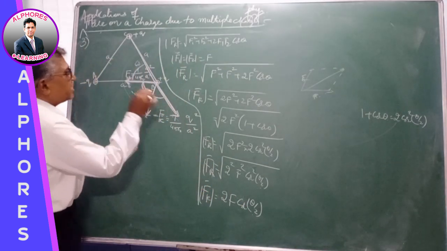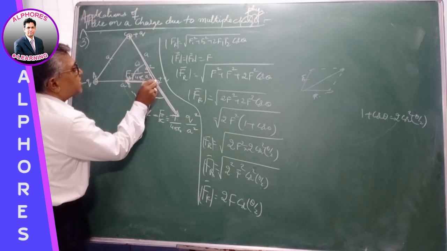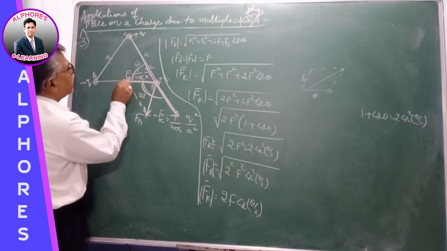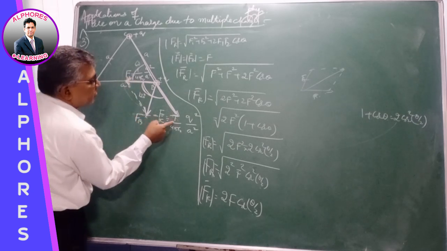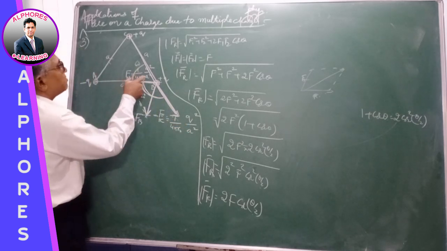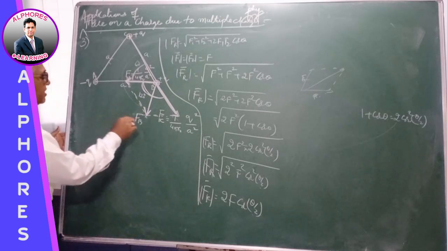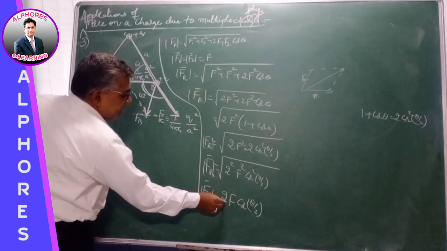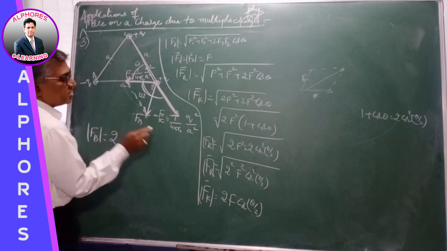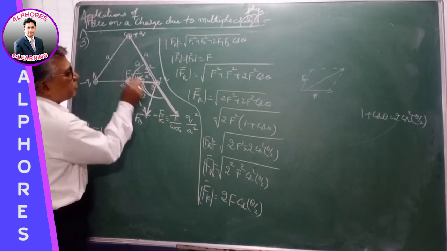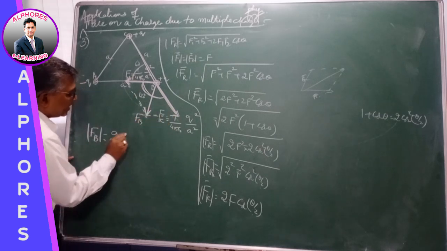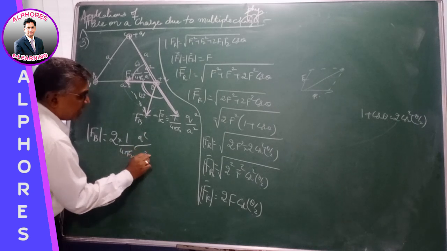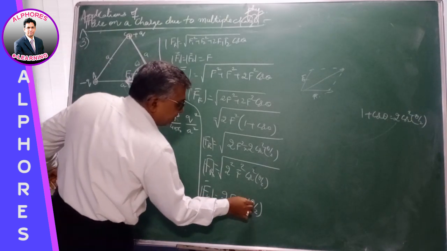So substituting the same here on charge B, there are two forces, one in this direction and the other in this direction, but of the same magnitude, 1 by 4 pi epsilon naught q square by a square. So the resultant force, mod Fb, I can write as 2 times the magnitude of either of the forces, that is 1 by 4 pi epsilon naught q square by a square, times cos of half of the angle between the two vectors.